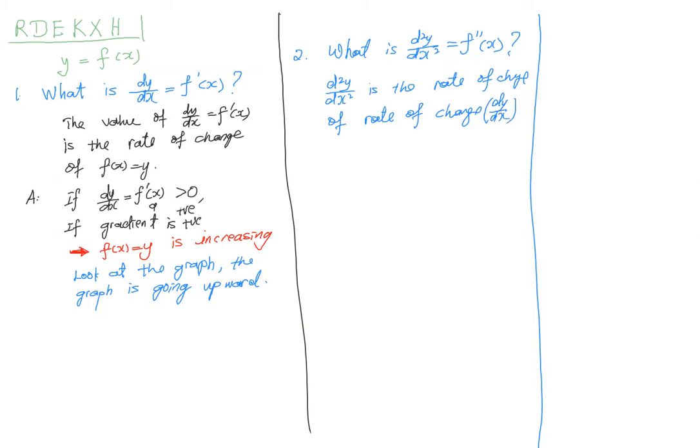It tells me how dy dx changes as x increases. So now my question is, if d2y over dx squared, that is f double prime x, is greater than 0.